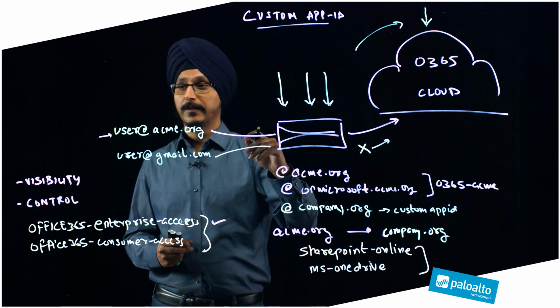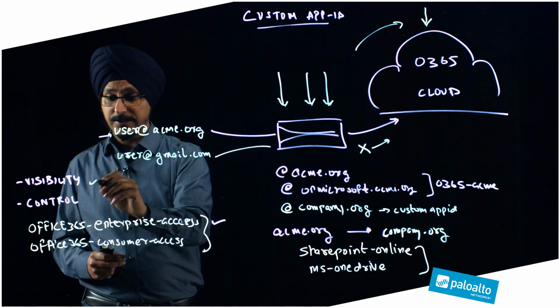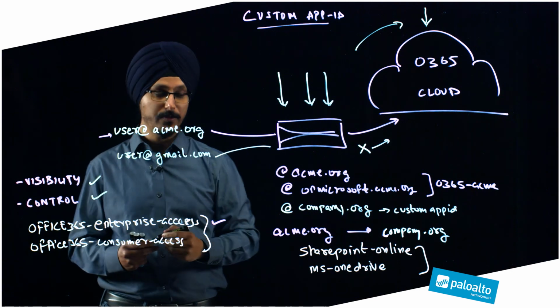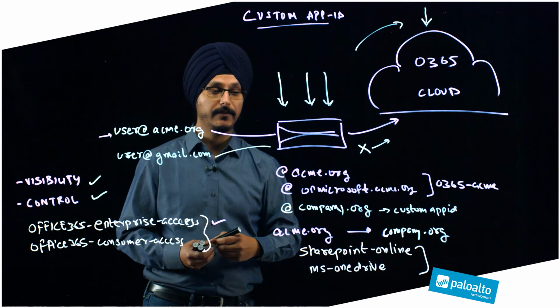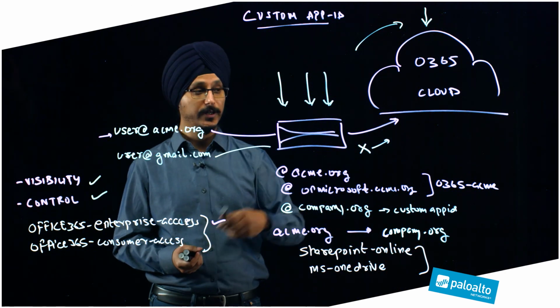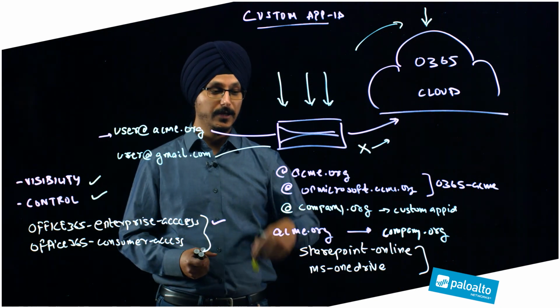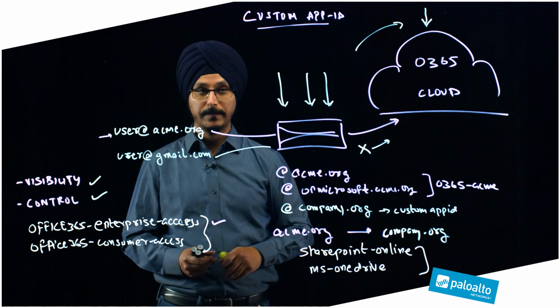However, customers also want visibility along with control. They want to understand, by looking at the firewall logs, what kind of users are trying to get to what kind of different resources, and how they can use these controls over a period of time to successively improve their security posture.